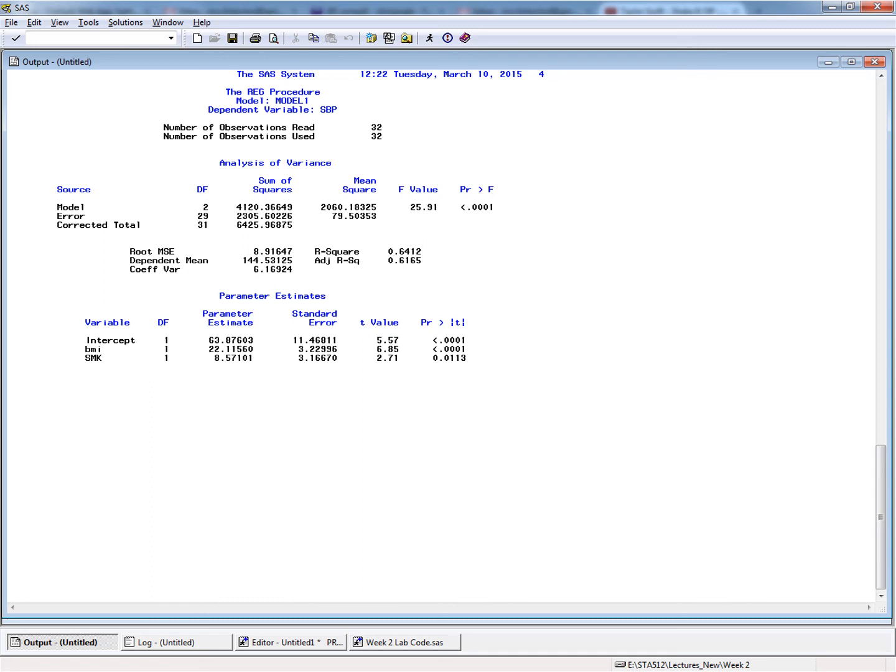They have the lower line. And then the non-smokers have the higher line. So in this data set, it appears that there is a significant difference between smokers and non-smokers, and for any given BMI, it appears that non-smokers have a higher systolic blood pressure.